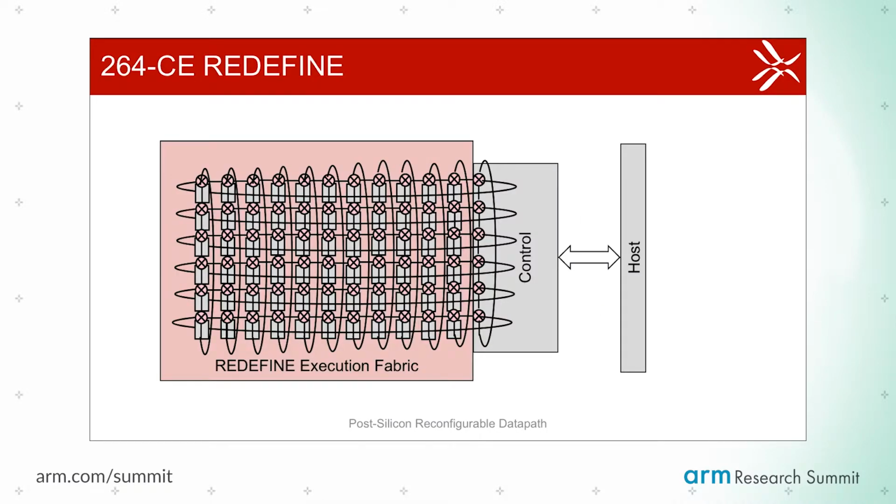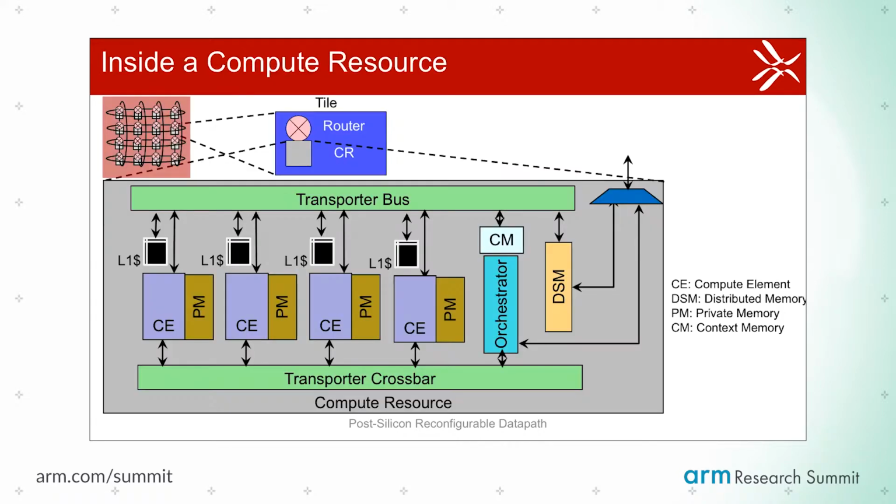This picture shows a 264 compute element Redefine. As you can see, the network on chip, which is in a bidirectional toroidal mesh topology, connects the compute resources of Redefine. Packet switch network on chip aids in easy scalability of the Redefine execution fabric. As mentioned earlier, Redefine has a multitude of compute resources interconnected by high-speed network on chip.